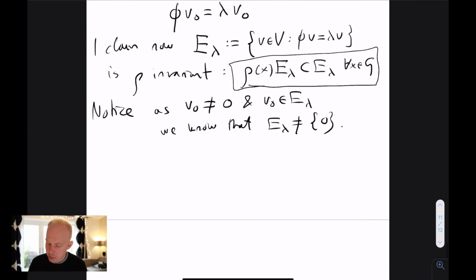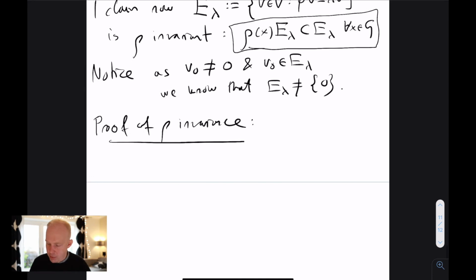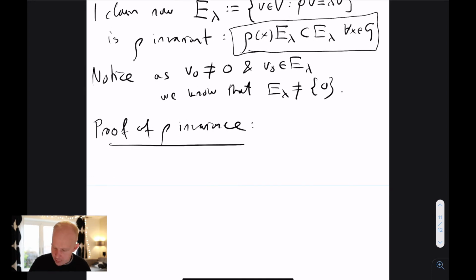So how do we prove the rho invariance? We need to take a general element here.